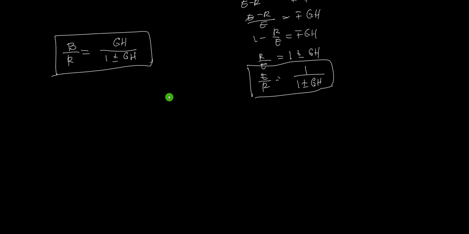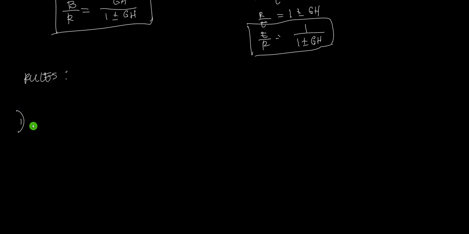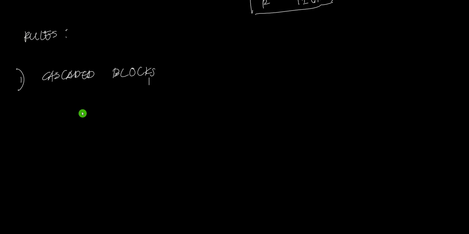So first, these are the rules that we need to take into consideration when we are simplifying. First one, cascaded blocks, or series blocks. So if we have 2 or more blocks that are in series, so let's say this one is G1, then we have another G here. So these are two blocks.